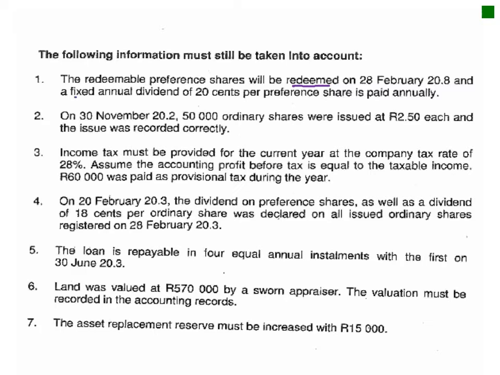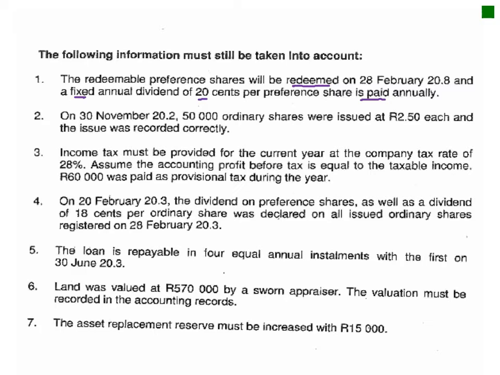It also means the fixed annual dividend of 20 cents per share would be considered part of interest, and normally with redeemable preference shares they will be cumulative and paid annually per arrangement with the preference shareholders.